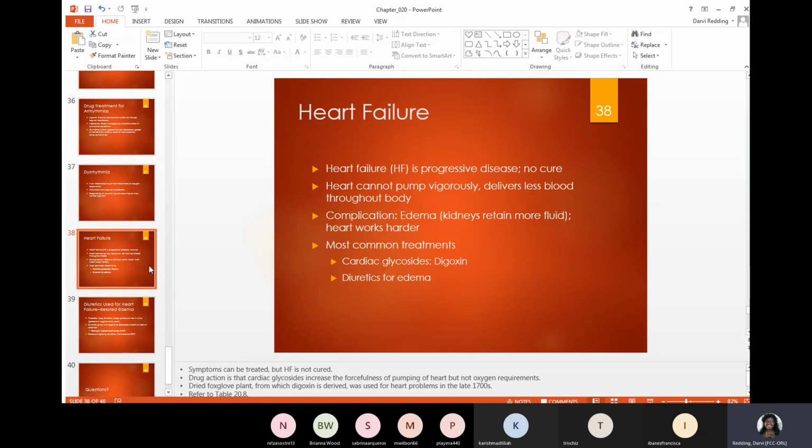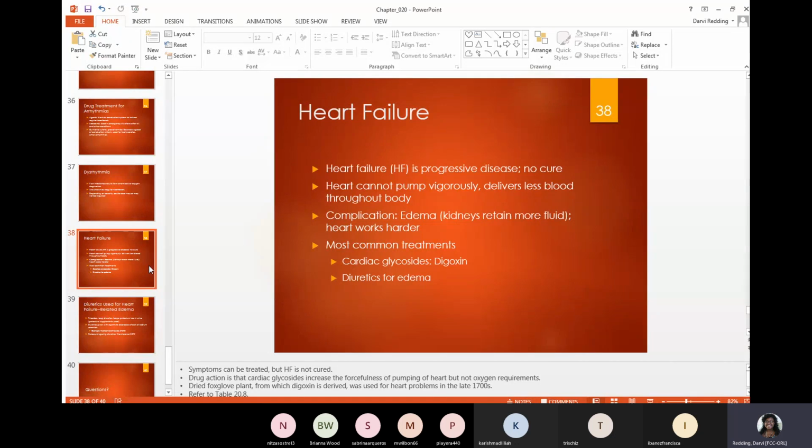There are complications such as edema, where the kidneys retain more fluid, and this makes it harder for the heart to work. The most common treatments for a person suffering from heart failure would be cardiac glycosides like digoxin, or a person might be taking diuretics for edema. Diuretics, again, is another term for a water pill.